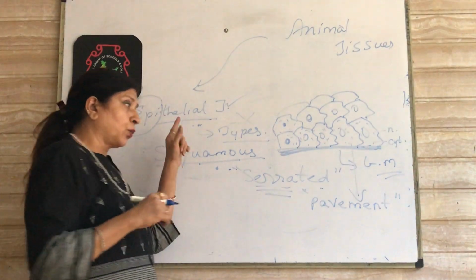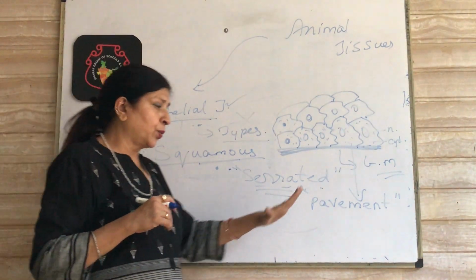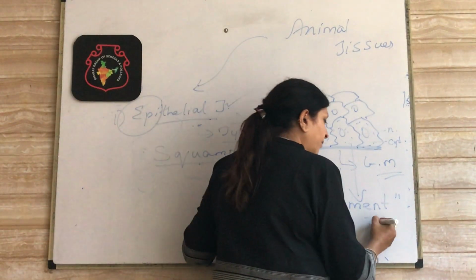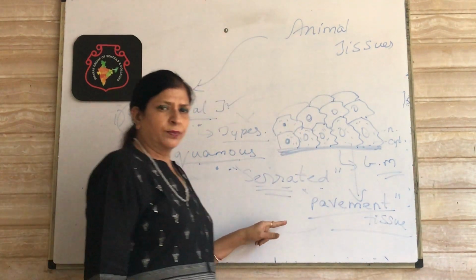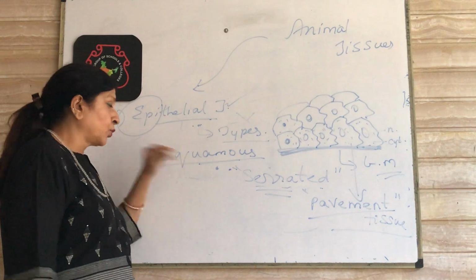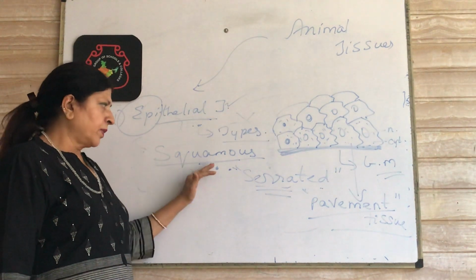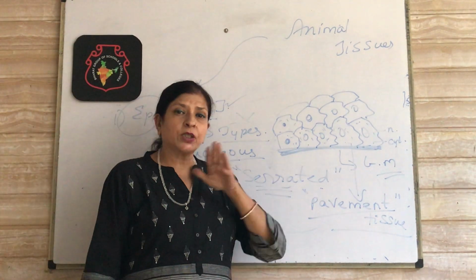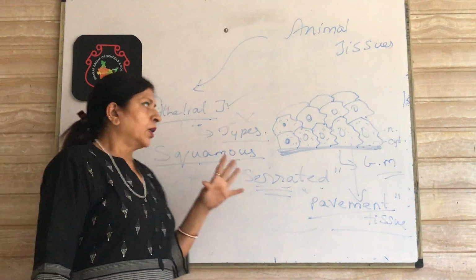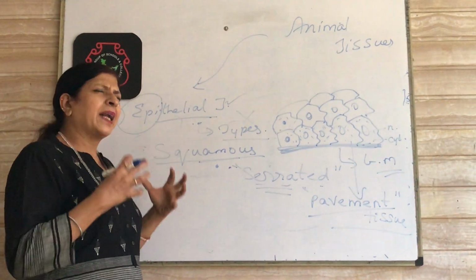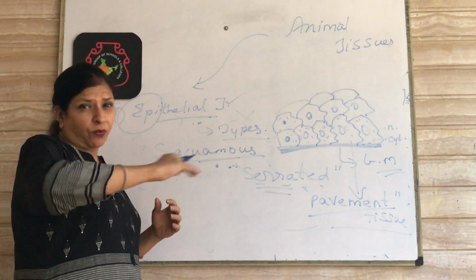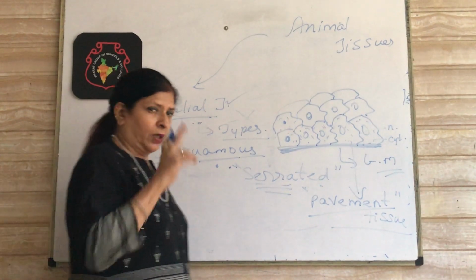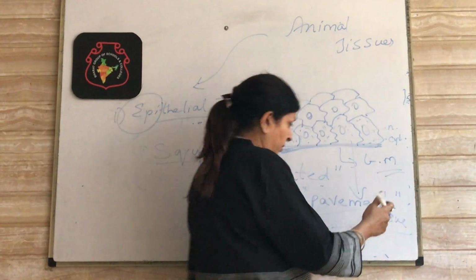So we also call squamous epithelial tissue pavement tissue. If I talk about pavement tissue, you must understand I am talking about squamous. Squamous is called pavement tissue because they are compactly packed and resemble an arrangement of tiles on the footpath.